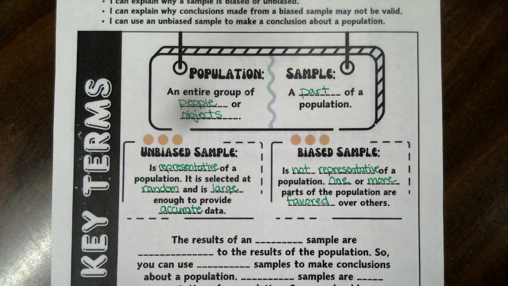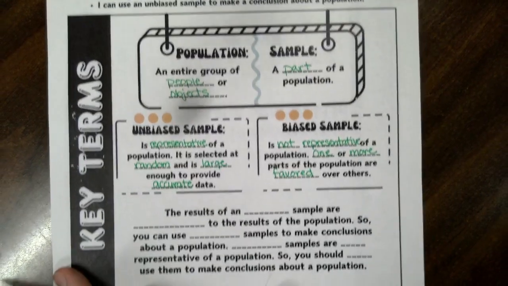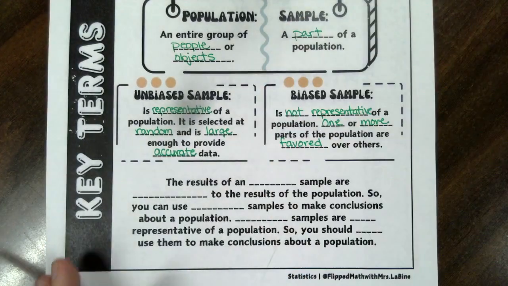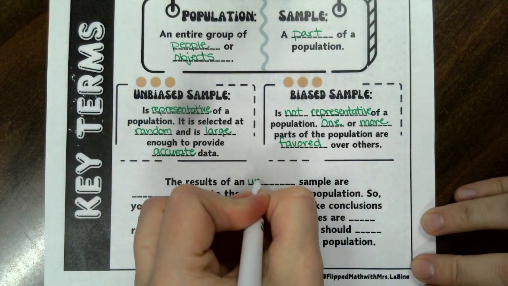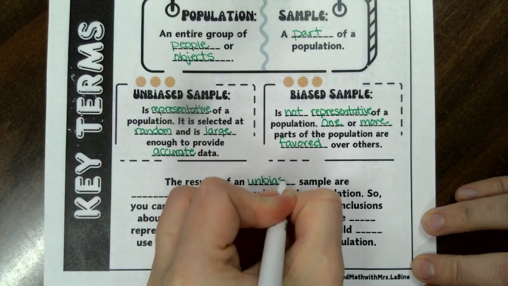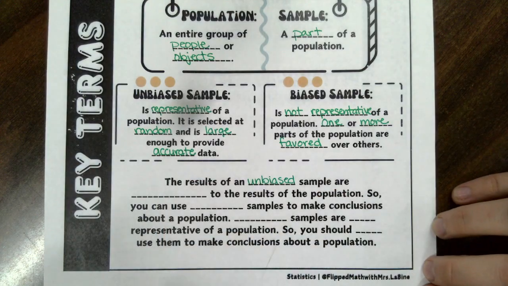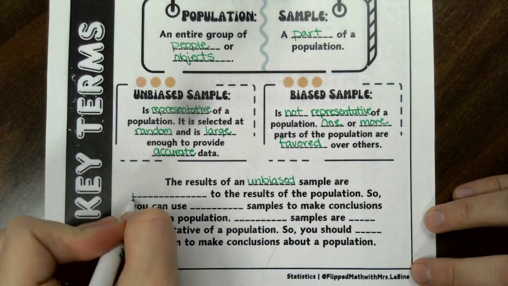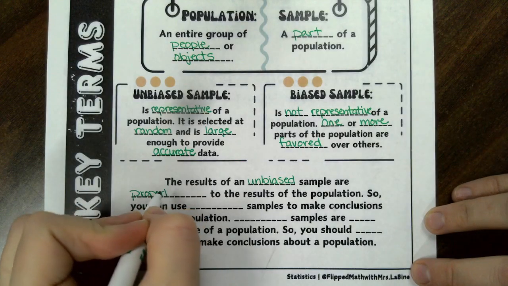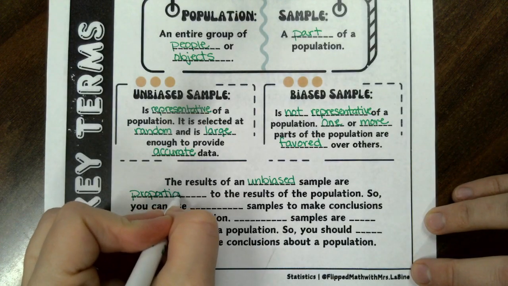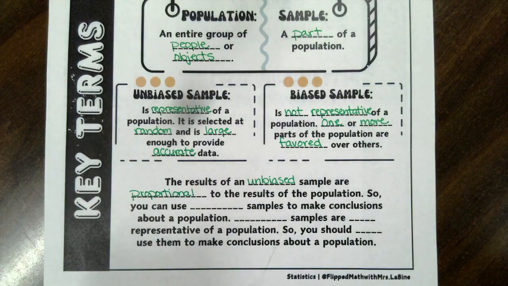Here at the bottom, we have a little blurb, and it says the results of an unbiased sample are proportional. There's that word proportional again. You just can't get away from it. Proportional to the results of the population.